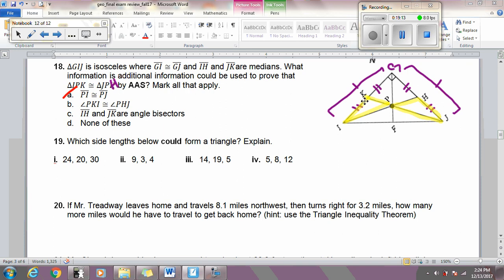So these angles here is what they're referring to. That would be nice. It would also be nice to know that IH and JK are angle bisectors. So that would be good.